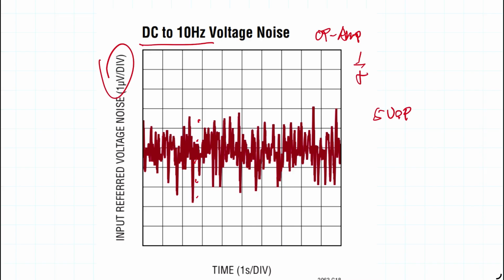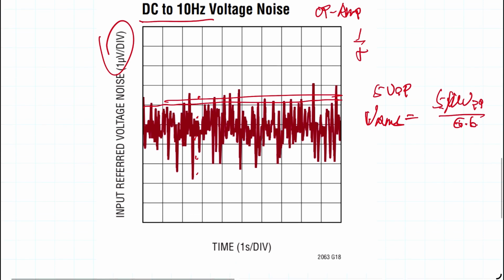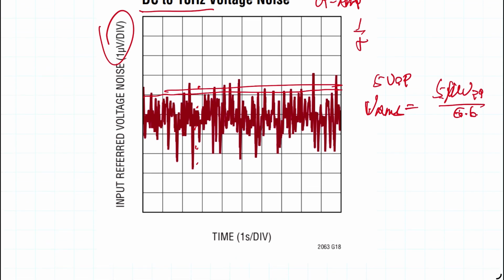And then what is the RMS value? From those rules, we can estimate the RMS value of these signals. The RMS will be somewhere around the 5 microvolts peak-to-peak value divided by 6.6. That's the RMS value. Okay, that's a very practical example.